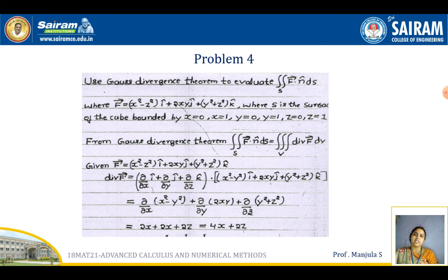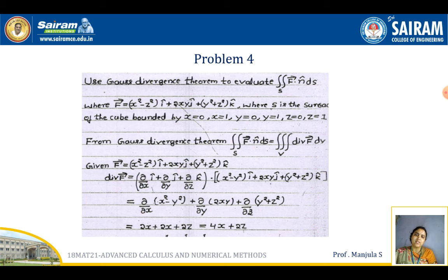Now we'll see the next problem. Use the Gauss divergence theorem to evaluate the double integration of vector f dot n cap dS, where vector f is (x² − z²) i cap plus 2xy j cap plus (y² + z²) k cap, where S is the surface of the cube bounded by x equals 0 to 1, y is 0 to 1 and z equals 0 to 1.